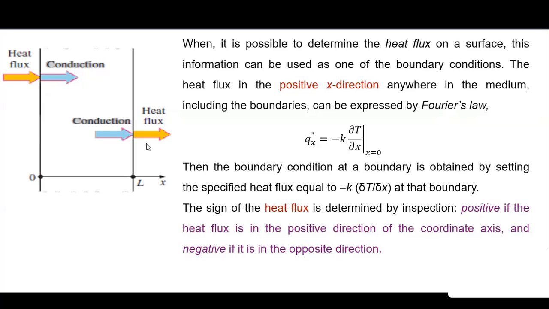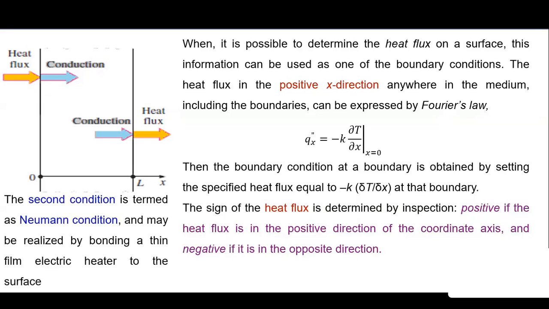If the heat flux is in the opposite direction, that is in the negative x direction, then this value has to be taken as negative and equated with minus k del T upon del x at that respective surface. This is how we can write down the boundary condition in terms of the specified heat flux for the boundaries.